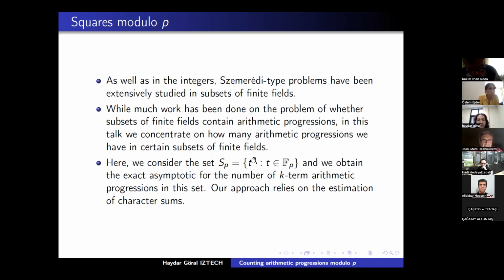Here the squares consist of almost one half of the finite field. And we will count exactly how many k-term arithmetic progressions are in this set. And our method will be based on some estimations of character sums. Okay, so this is our task today.